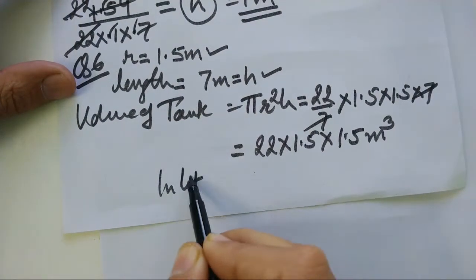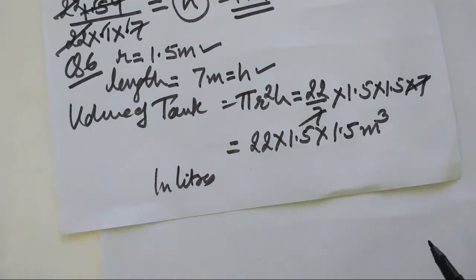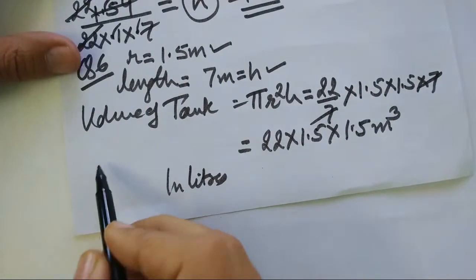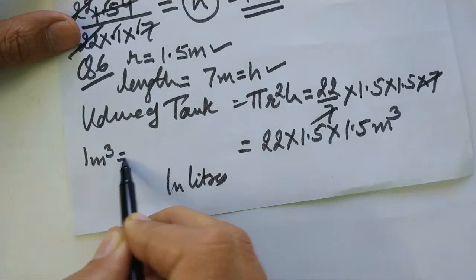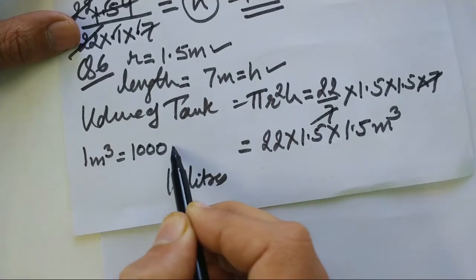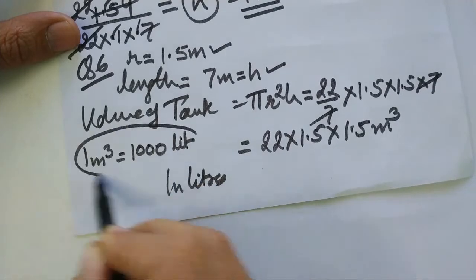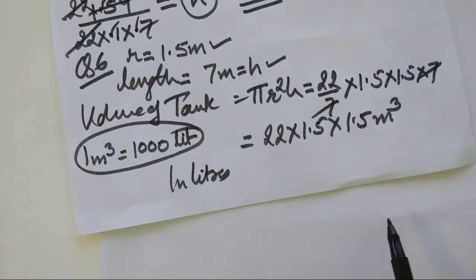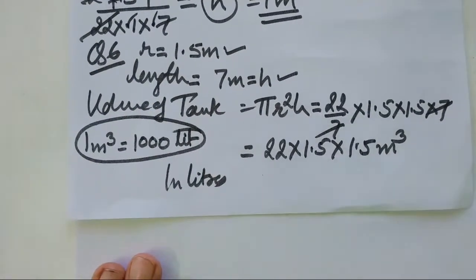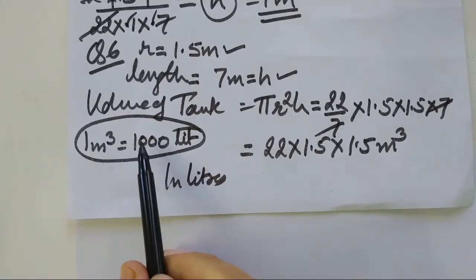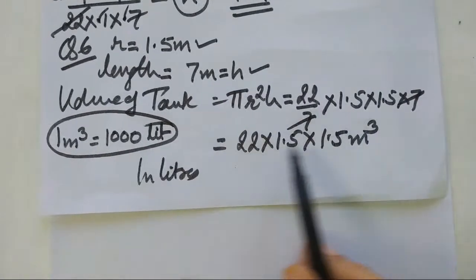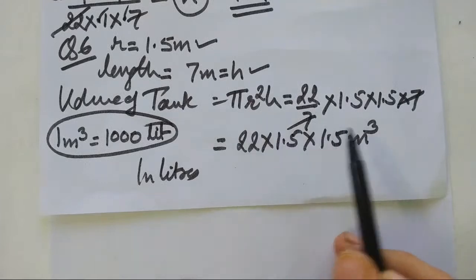How will you change the answer in liters? The relation which I have shown you just now is that 1 meter cube is equal to 1000 liters. This was the relation given, that 1 meter cube of any object is equal to 1000 liters. So this answer will give you the volume in meter cube only.